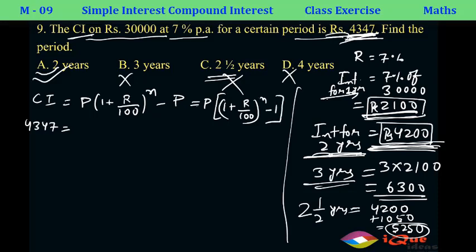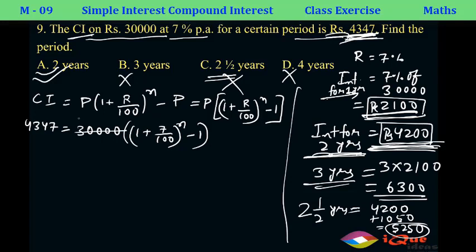Alright, now 4347 is equal to, in place of P we can put 30,000 into 1 plus R is 7. So it is 7 by 100 to the power N minus 1. Now 30,000 will divide 4347. In fact, both are divisible by 3.